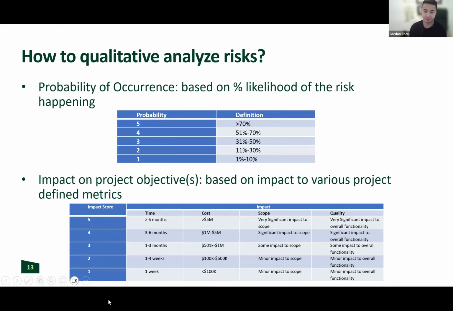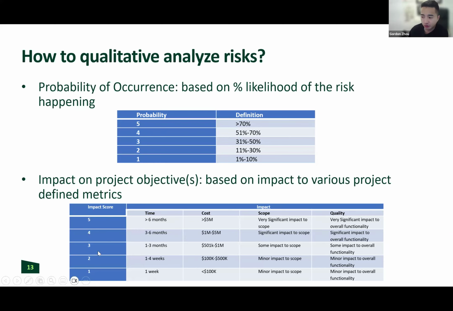So let's just say this construction project, there's a 20% chance of rain, but if it were to happen and it does rain tomorrow, I'm going to potentially have 5 days of delay because it rained tomorrow. What score would I give it?